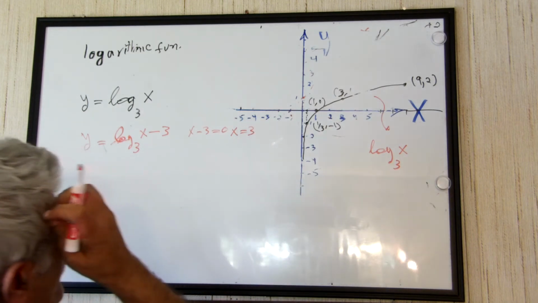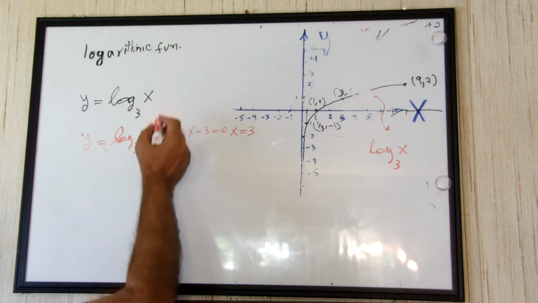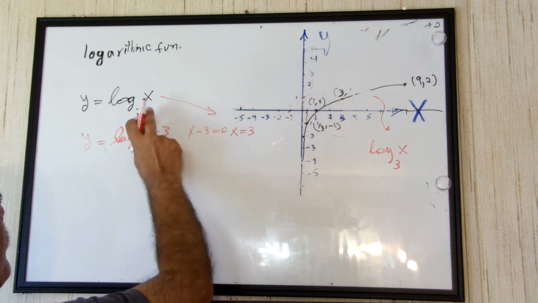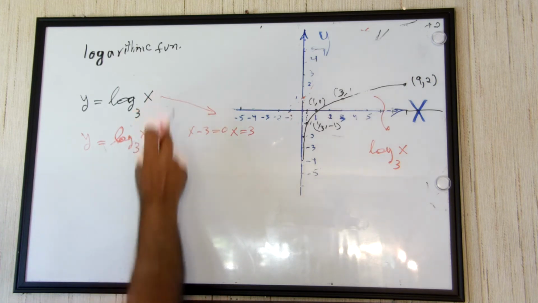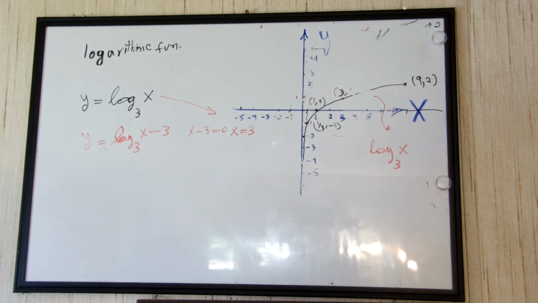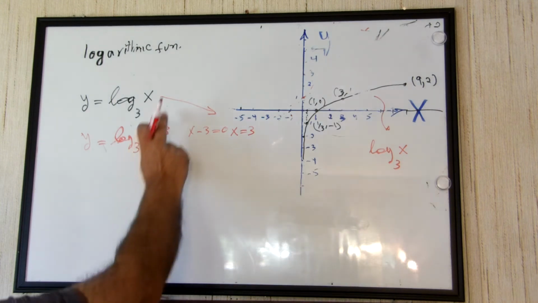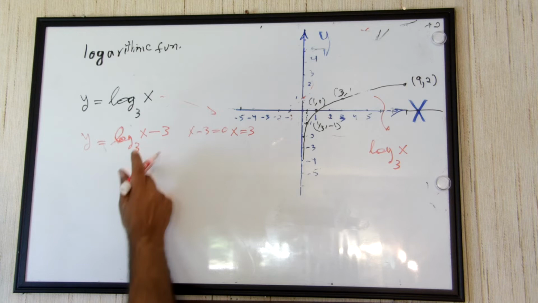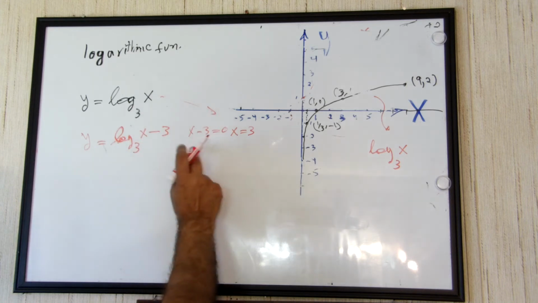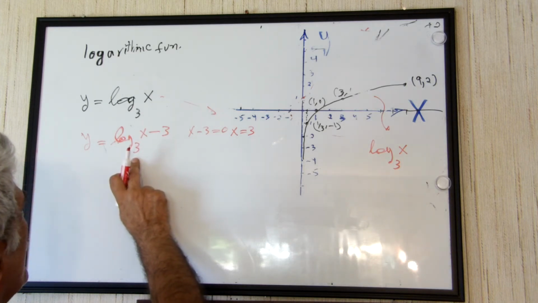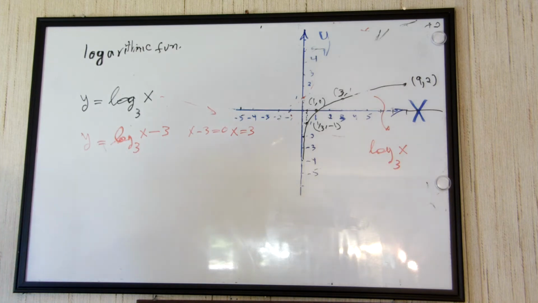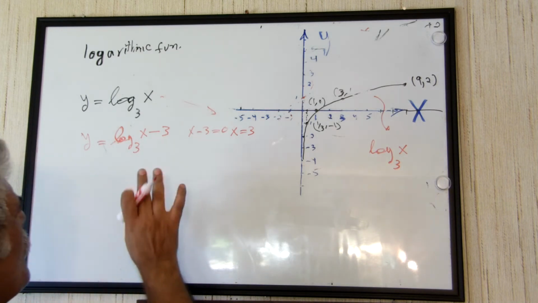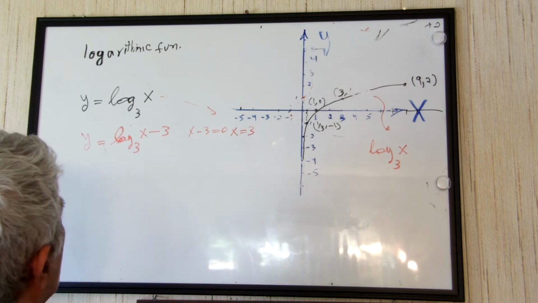then we're going to have, if we move this one with minus 3, we add a minus here, log of x minus 3 to the base 3. When we are going to draw it, one of the ways is to transform this.